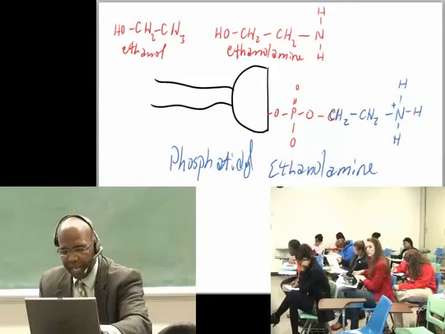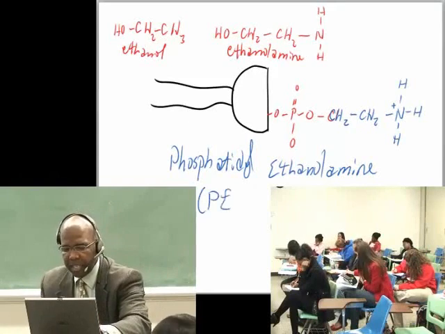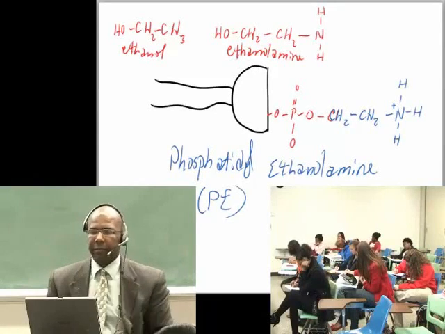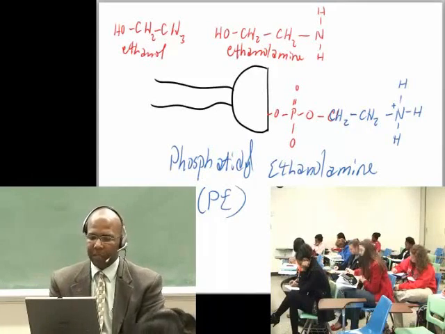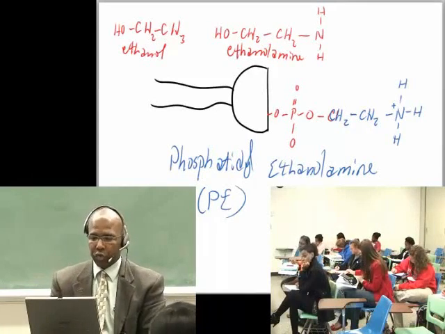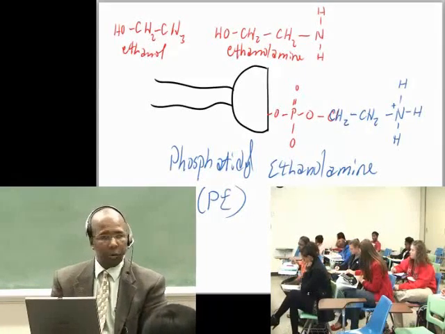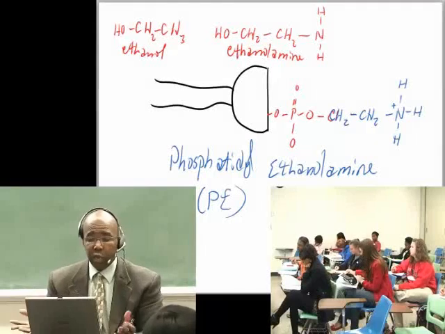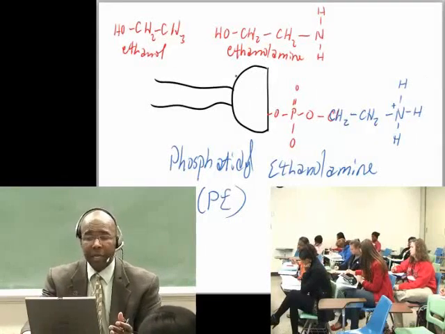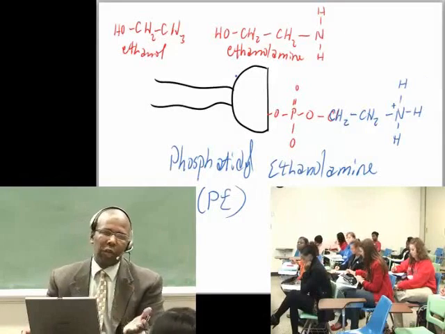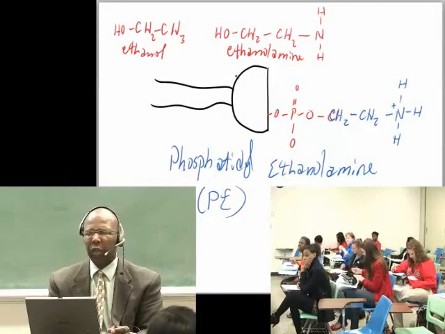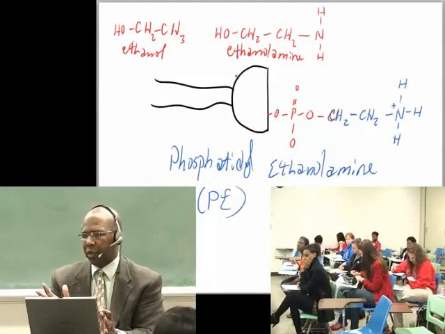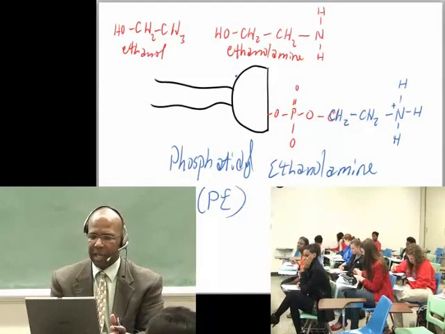It's often abbreviated PE. So of our 7 phospholipids, we now know the structure of 2 of them. The only thing you need to remember is what ethanolamine looks like, because you already know phosphatidic acid. It's always going to be that one. So it's really the only head group we're learning, because you know what phosphatidic acid looks like. Make sense?